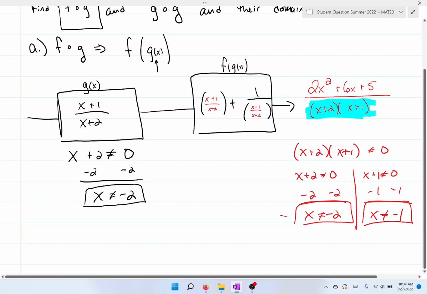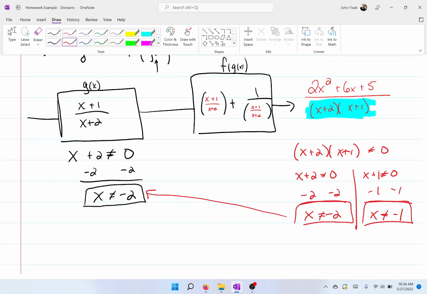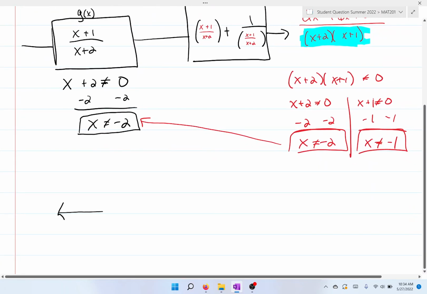Now you already got the negative 2, which is right here. So to find the final domain, or the interval notation for this domain, I like to create a little number line, and this just keeps things organized for me. I'm going to write -2, I'm going to write -1, and I know when x is -2, it's undefined.